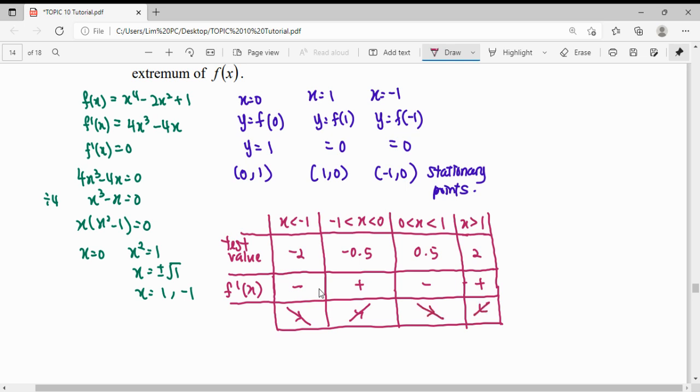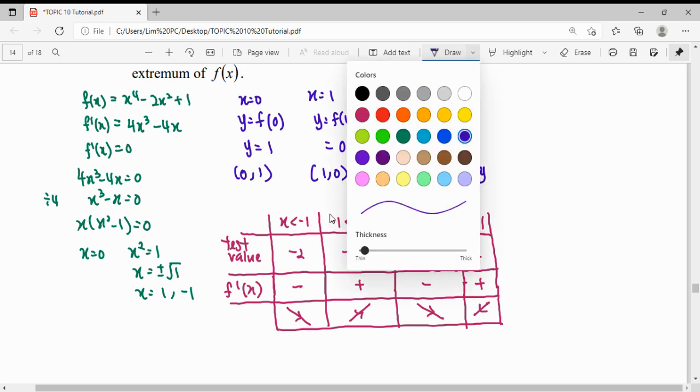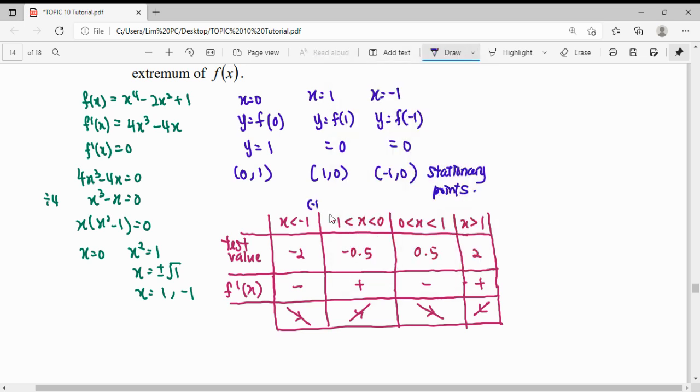So from here, we look at the points (negative 1, 0), (0, 1), and (1, 0). We look at the interval on the left hand side and the interval on the right hand side of each point.